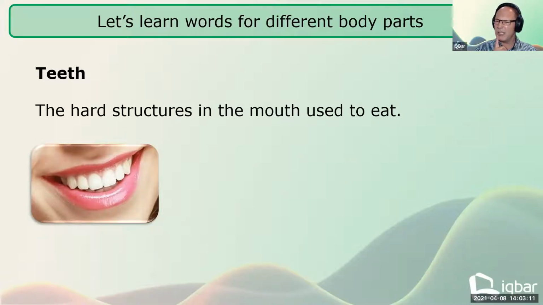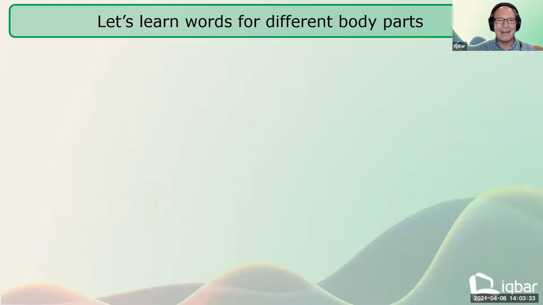What do we do to keep our teeth as beautiful as this? I think you have to brush every day and keep them nice and clean. Otherwise, if you lose your teeth, you will not be able to eat. So another important thing, teeth, the second body part we are learning about today. Let's get to the next one.